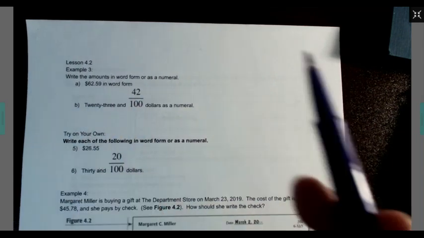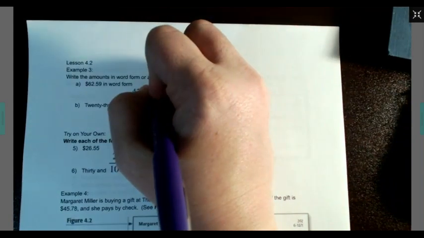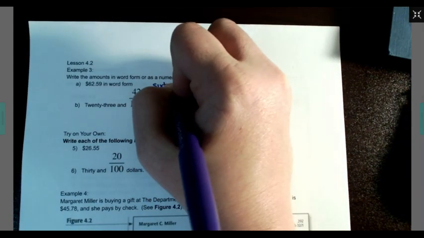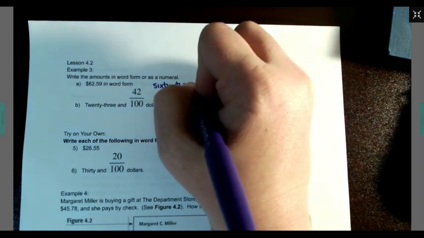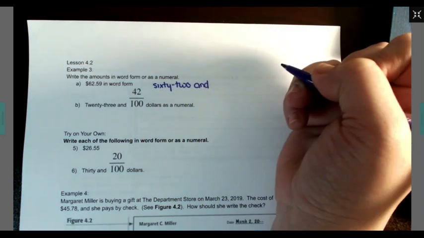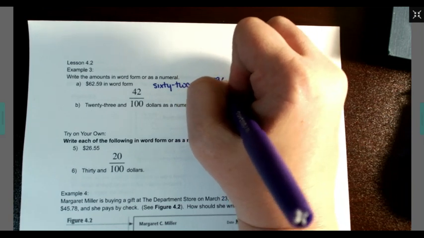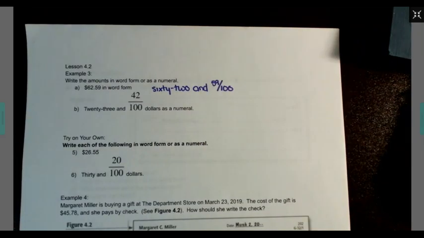Okay? So it says here 62.59 in word form. So we would write this as 62 and 59 over 100. When you go to write this as a word form, you always want to put your change as a fraction of a dollar.